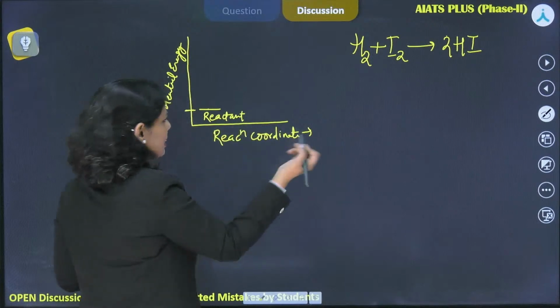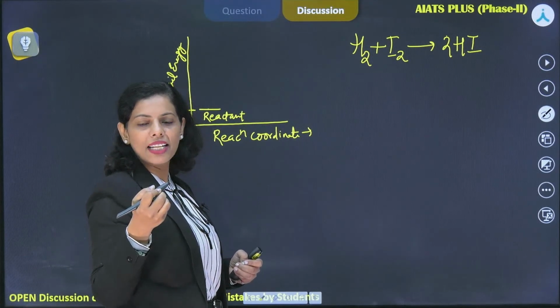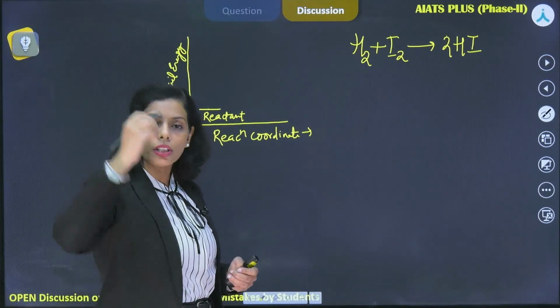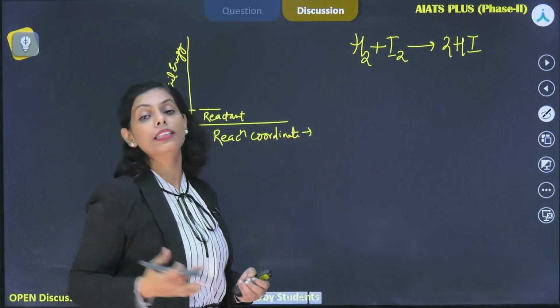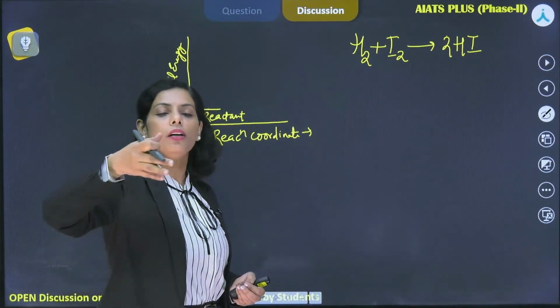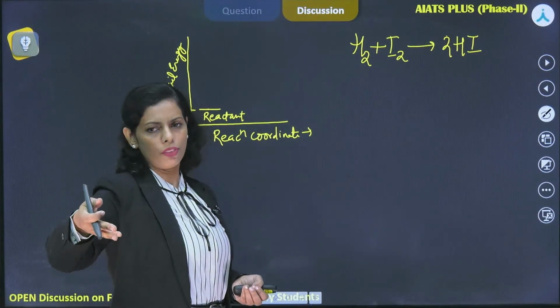Right, and someone asks, ma'am, how to revise the whole chemistry in one day? It should not be done in a single day. Just divide the syllabus in a way that on a daily basis you are revising all the subjects. Try to do that, right? Or you can take chemistry and botany simultaneously, zoology and physics you can take.